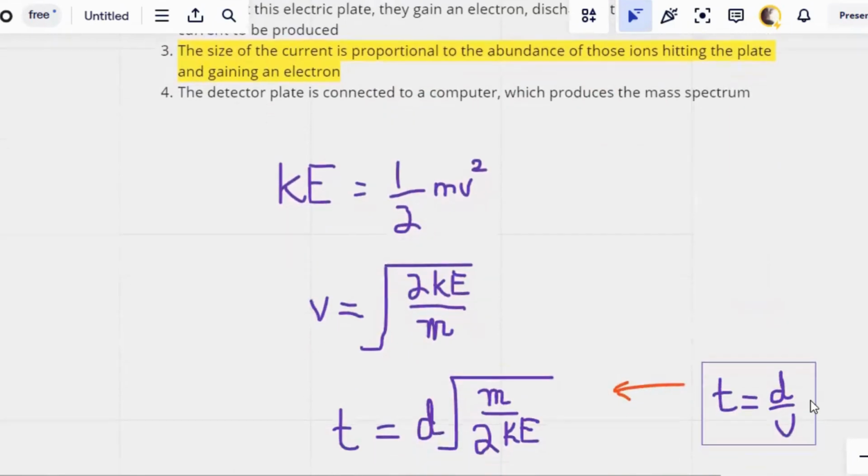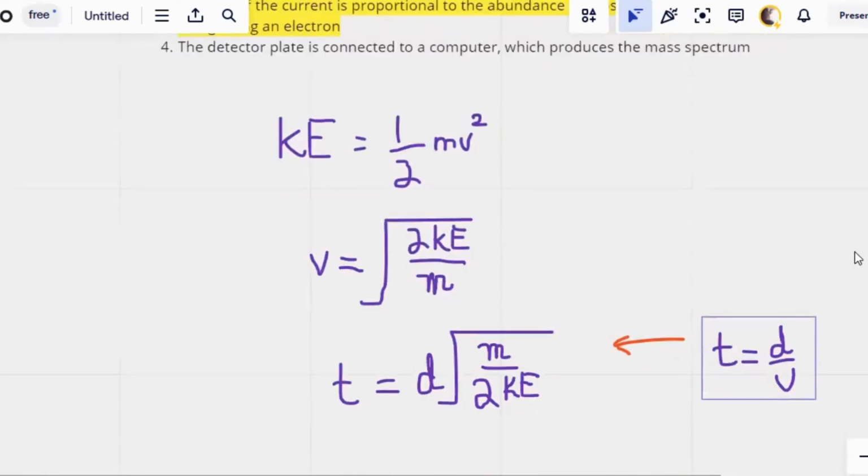So it is KE equals half mv squared. What is KE here? It is the kinetic energy of the particles. m is the mass of the particles and v is the velocity. So kinetic energy equals half mv squared.